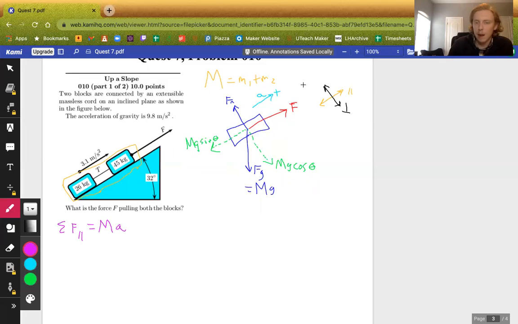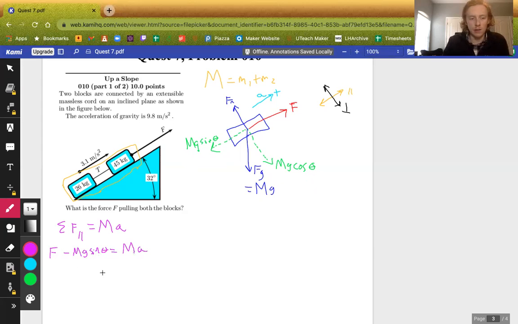Since we're calling up the ramp the positive direction, F minus capital M, the total mass, times g times the sine of theta must equal capital M times the acceleration. All of our forces up the ramp minus all of our forces down the ramp must equal Ma.